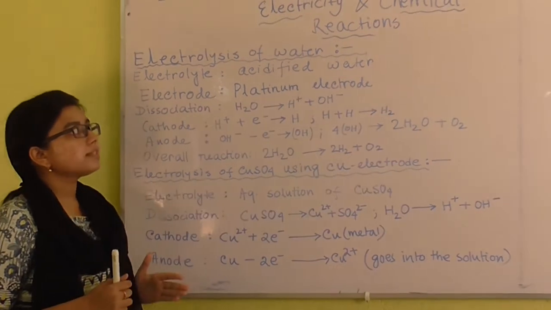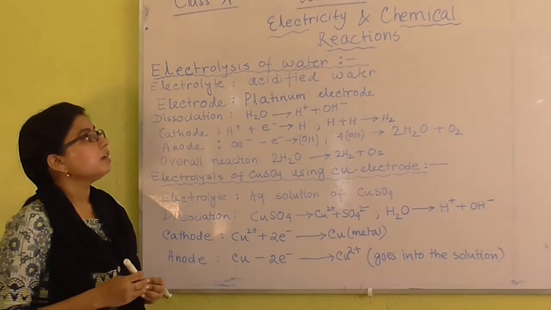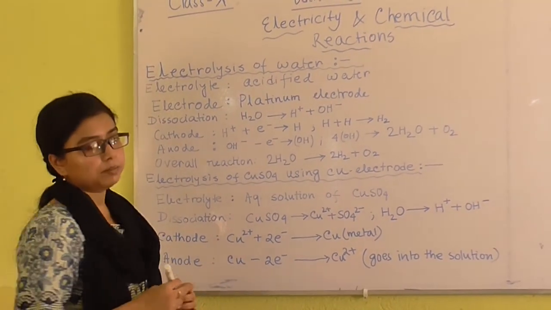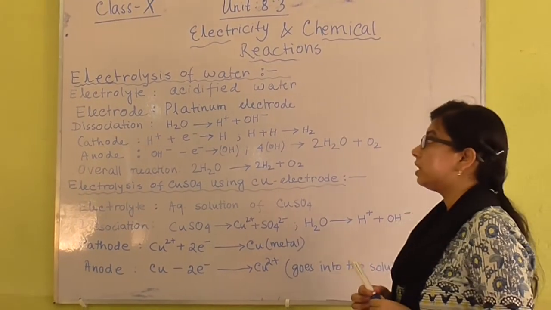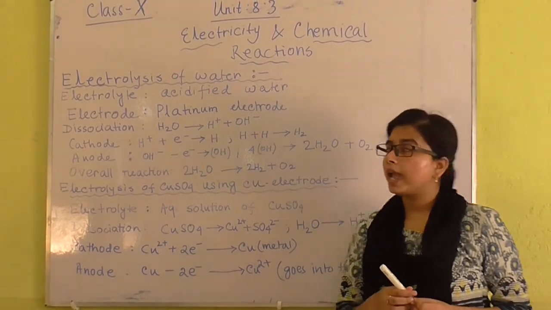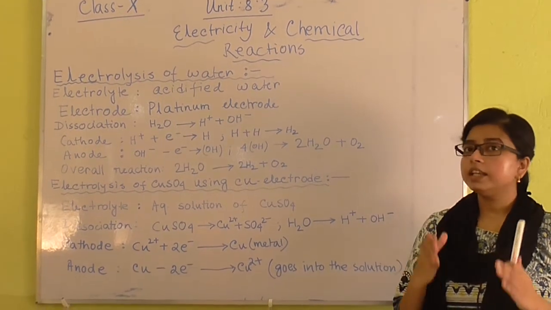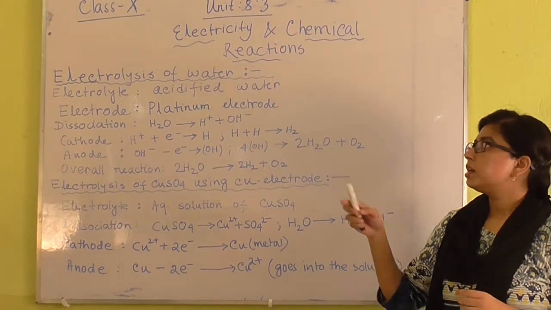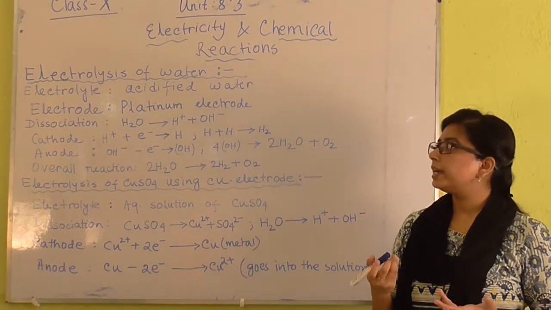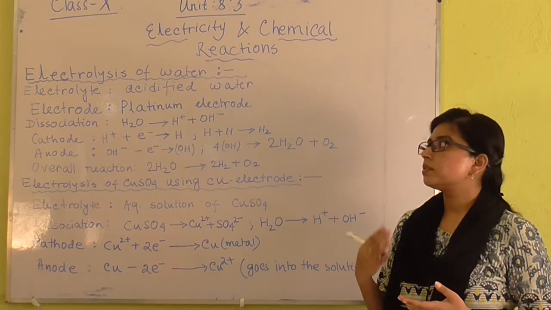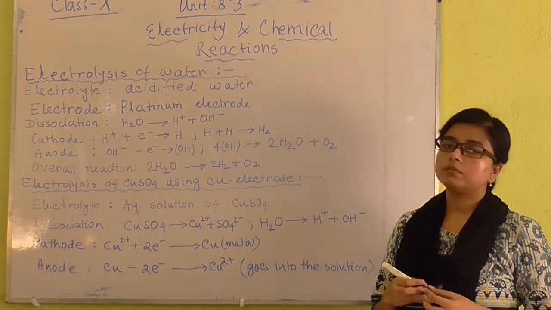For the electrolysis of water, we have to take acidified water in the voltameter. As we know, water is not a good conductor of electricity, so we have to add an electrolyte to the water. I can add any salt solution, or any acid or base which can act as the electrolyte.